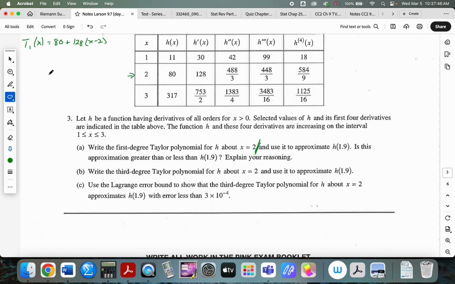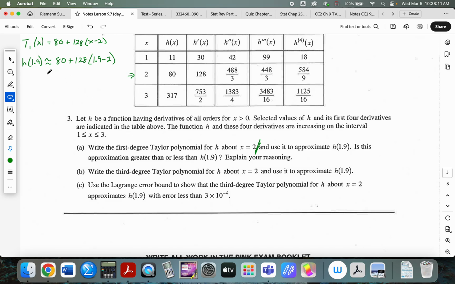So h of 1.9 is approximately equal then to 80 plus 128 times 1.9 minus 2. If this were the AP exam, I would just leave it because that's perfectly numeric.